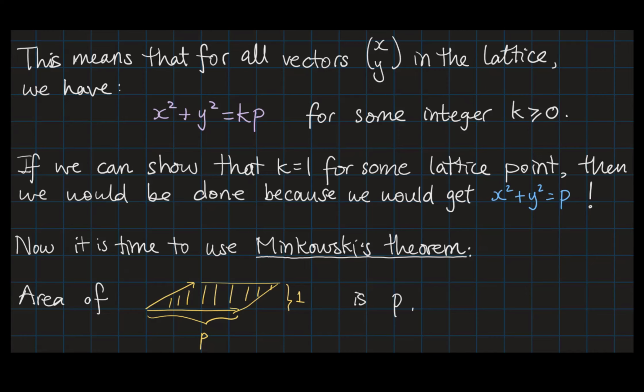And then we will know that x squared plus y squared is equal to kp for that vector (x, y). And then it would be enough to show that the length of that vector squared must be less than 2p. Because if it's less than 2p and it's not the origin, then it must be equal to p. So that's the overview of what we're going to try and do.